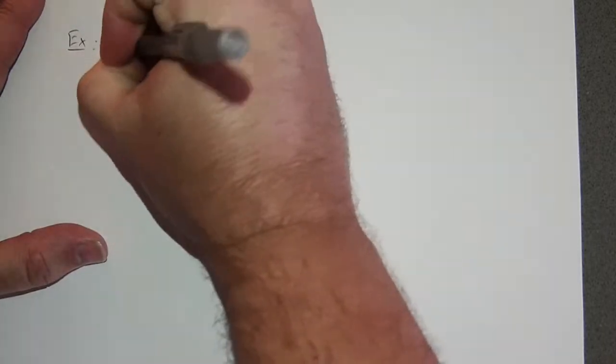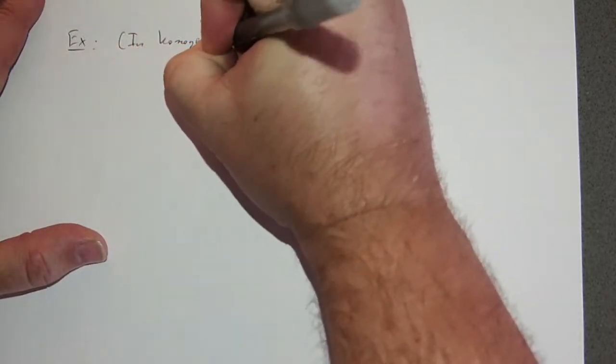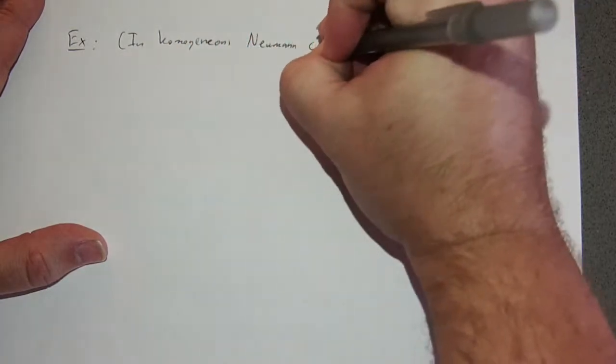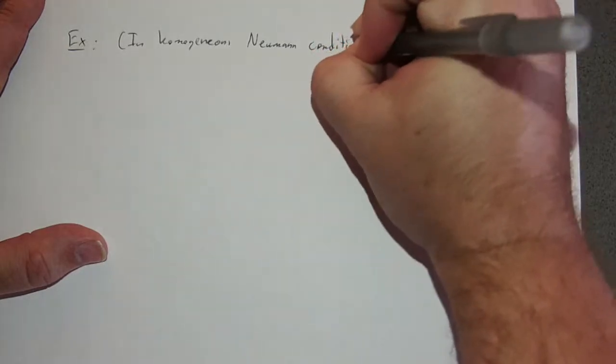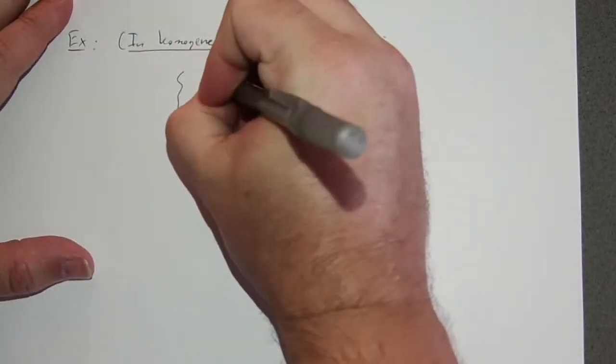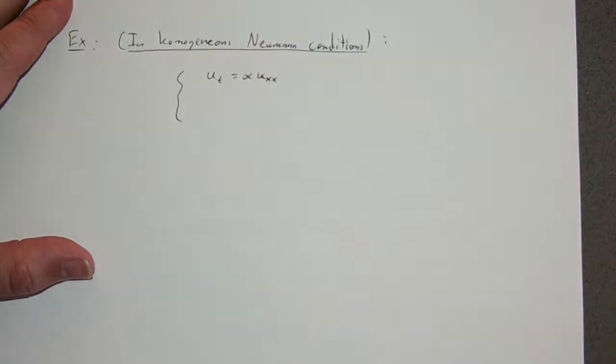Inhomogeneous Neumann conditions. So the problem we want to look at is u sub t is alpha u sub xx on the usual domain.